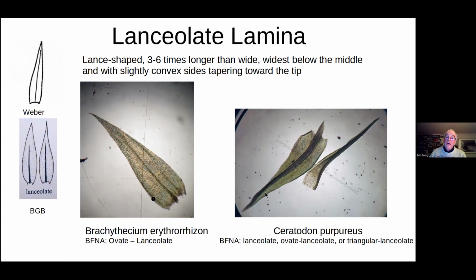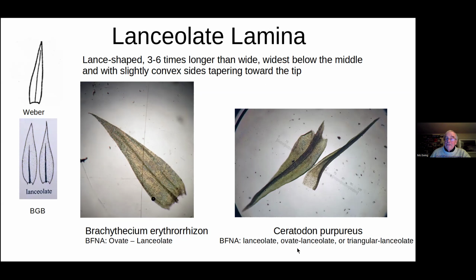You can see the convex sides here in Ceratodon purpureus, but you don't really see that convex so much in Brachythecium. So this is pretty much the simplest shape.